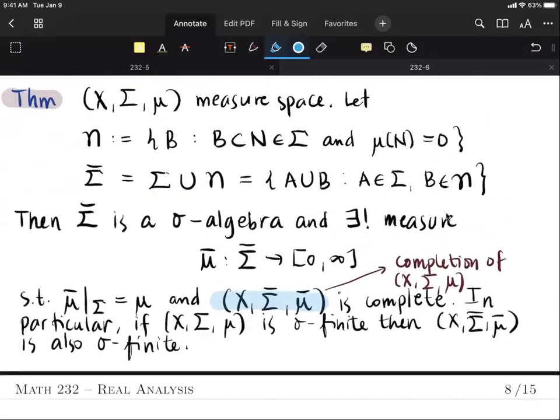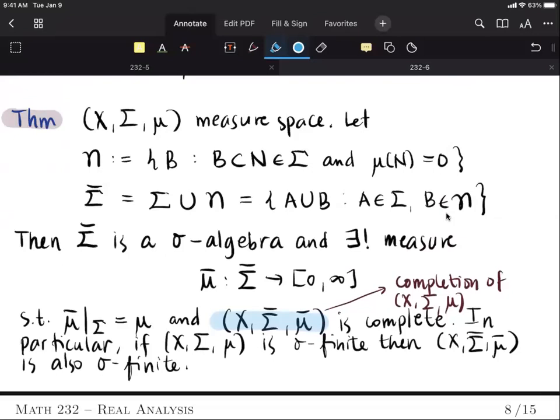So put in other words, to complete a measure space, you just modify your sigma algebra by enlarging it, combining all subsets of null sets, and then you extend your measure.